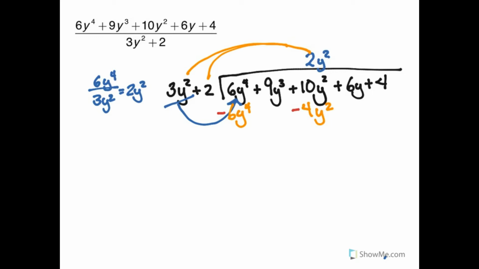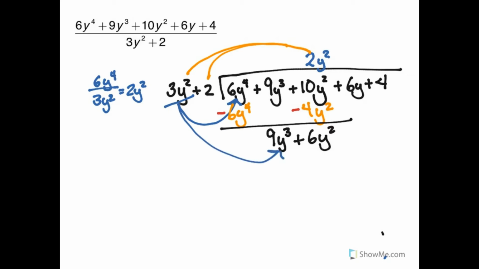Now I change the signs and add. And if you notice, I don't have anything under the 9y cubed, so I just bring it down. 9y cubed and 10y squared minus 4y squared is 6y squared. Divide again. 9y cubed divided by 3y squared gives me 3y.